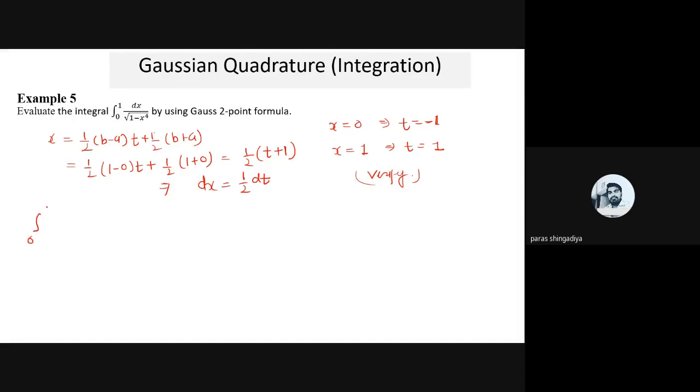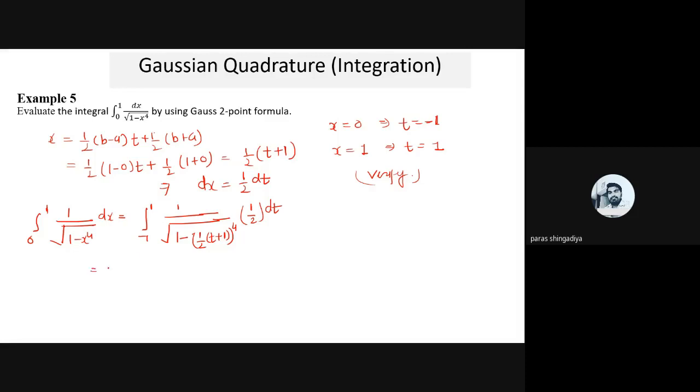Now change the function: 0 to 1, 1 upon square root of 1 minus x raised to 4 dx. That will be minus 1 to 1, 1 upon square root of 1 minus (1 by 2 (t plus 1)) with the power 4, into dx, and dx we have 1 by 2 dt.